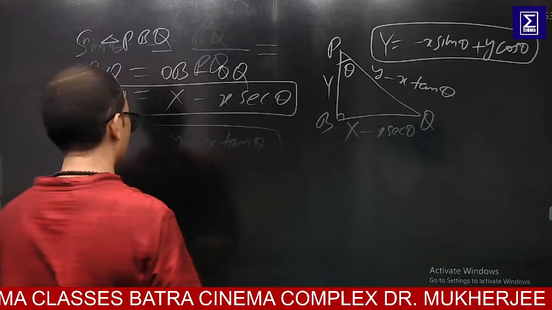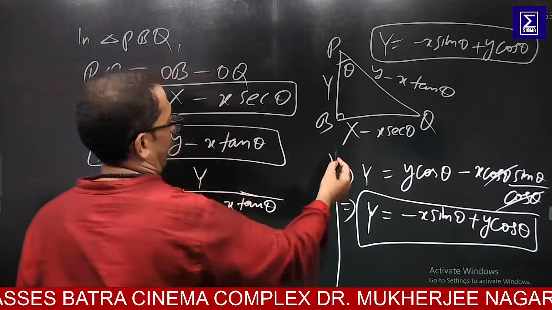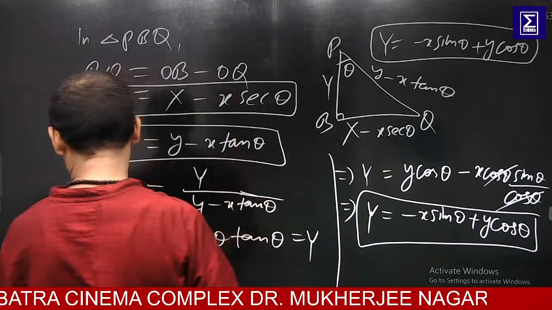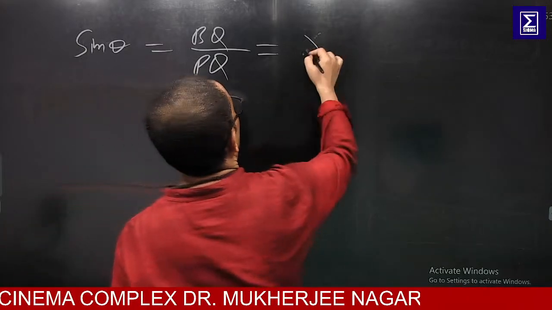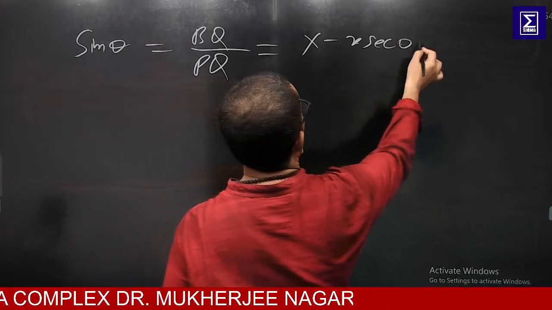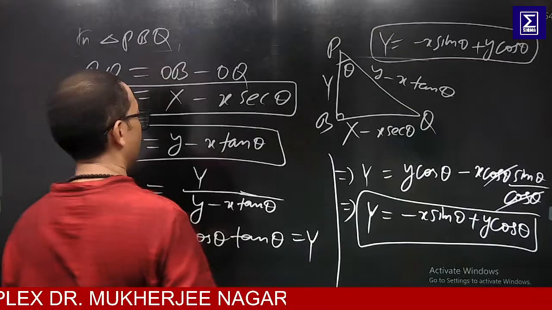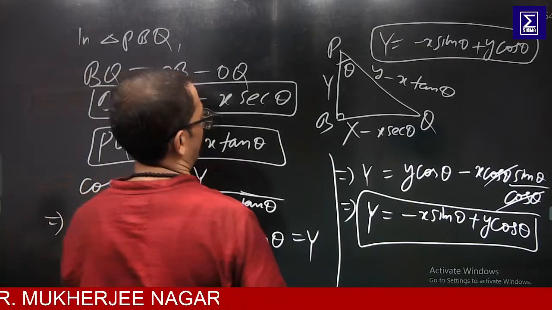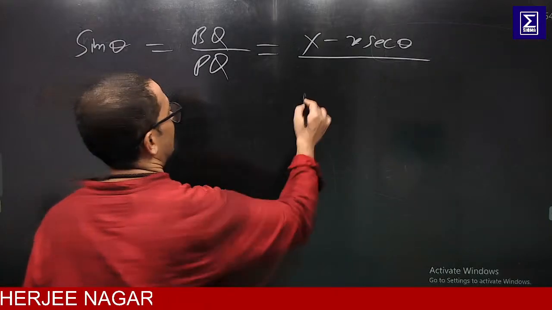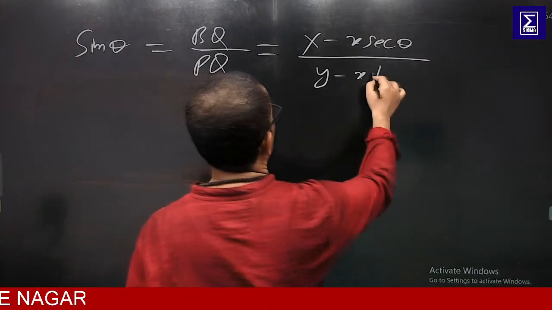So what is bq here? X minus x secant theta, x minus x secant theta upon pq, that is y minus x tan theta.